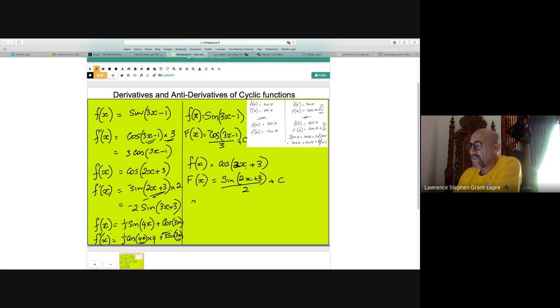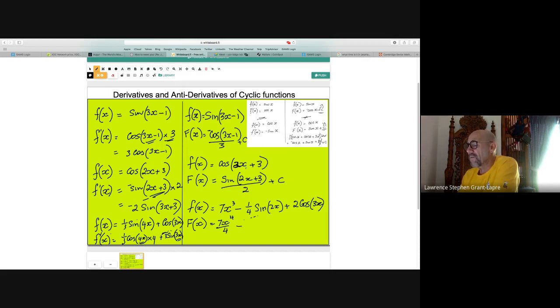So let's get a complicated equation: 7x cubed minus 1/4 sine 2x plus 2 cos 3x. All right, so the antiderivative of 7x cubed is 7x to the 4 over 4. You raise the power by 1.